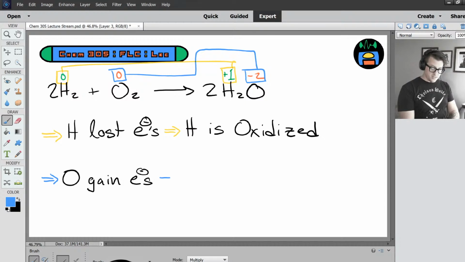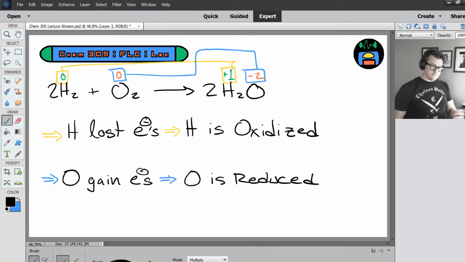All right, you gain electrons, which means that oxygen is reduced. So hydrogen, the element, is oxidized in this process. Oxygen, the element, is reduced.